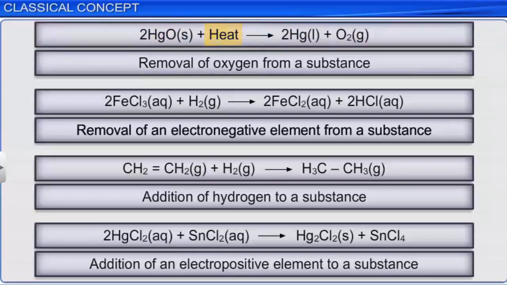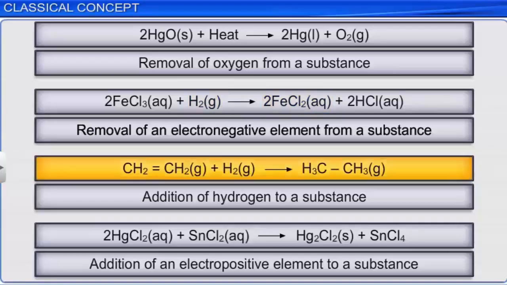In the second equation, when ferric chloride reacts with hydrogen, electronegative element, chlorine will be removed and ferrous chloride will be formed. In the third equation, by adding hydrogen to ethene, we get ethane.